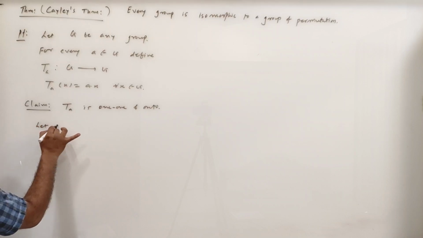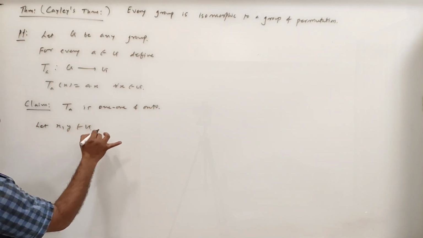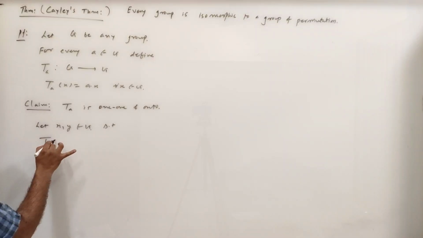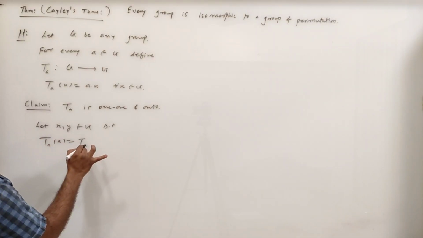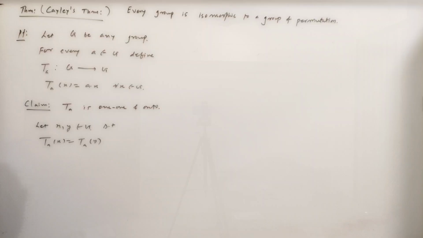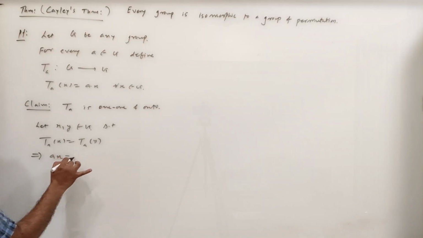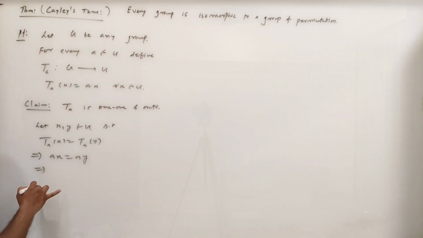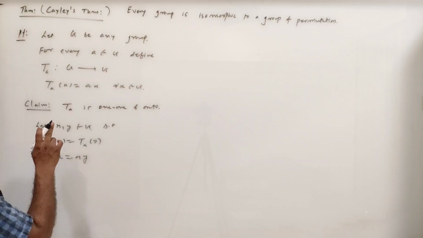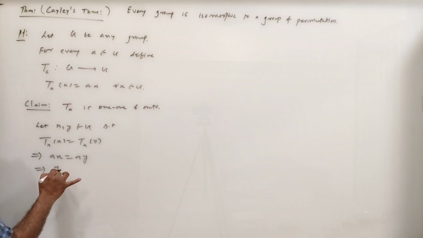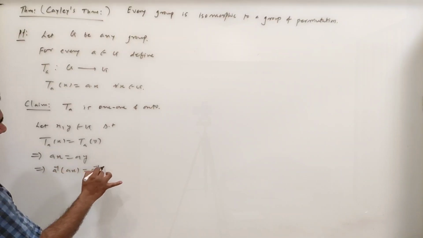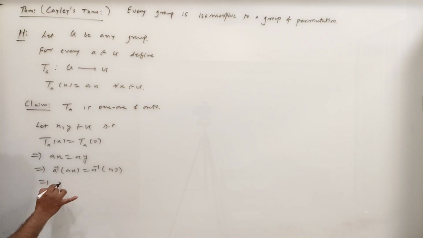Let X and Y belong to G such that TA at X is equal to TA at Y. So it gives me AX is equal to AY, and we are in a group. A belongs to G, so A inverse exists in G; you just multiply both sides by A inverse on the left. So X is equal to Y. Therefore TA is 1-1.